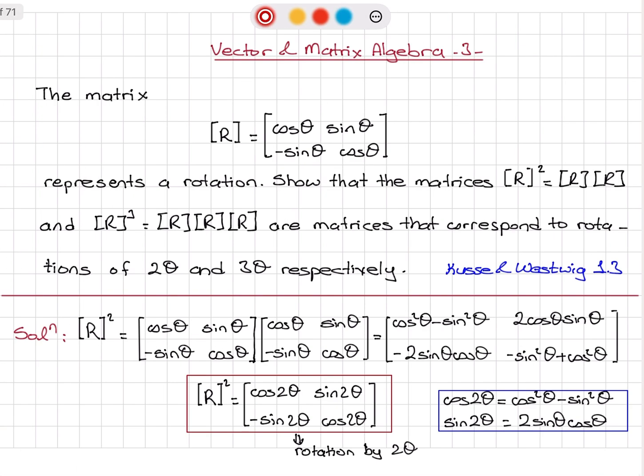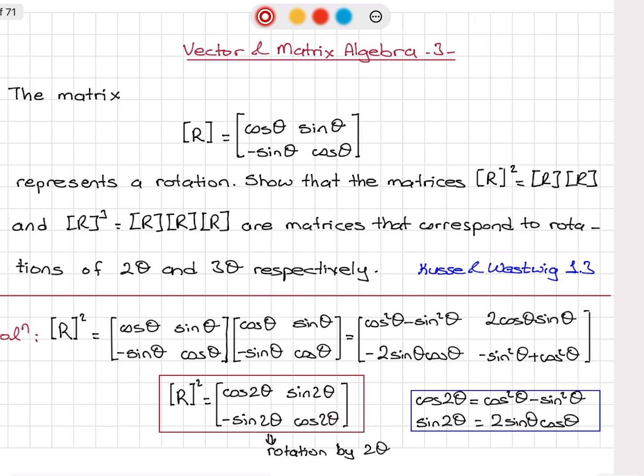So we were supposed to show that given the rotation matrix, its square represents the rotation by an angle 2 theta, and its cube represents rotation by an angle 3 theta. When we performed the matrix multiplication, we had to know the double angle formulas from trigonometry. Cosine 2 theta is cosine square minus sine square. Sine 2 theta is 2 sine cosine of the angle theta. Utilizing that, we can figure out that it's the rotation by angle 2 theta.